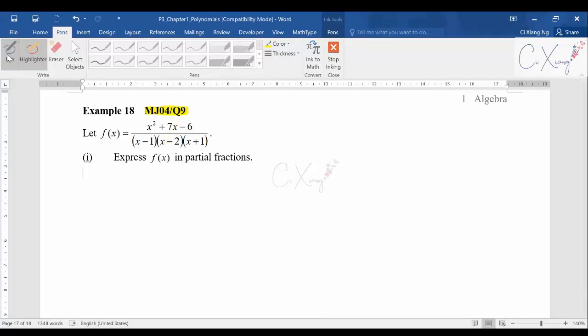For the first part, it's very simple: express f(x) in partial fraction. To save time, I will leave this part for you to do yourself. Maybe you can try it out first.